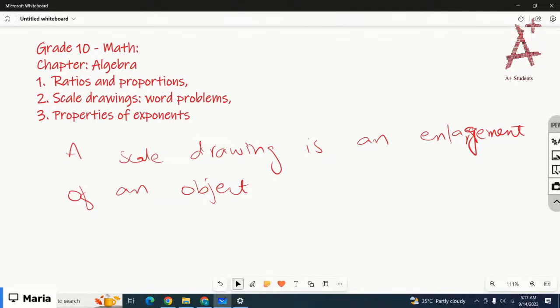Okay, so let's just do some of the examples from the scale drawings, right? Okay, let's start with an example.